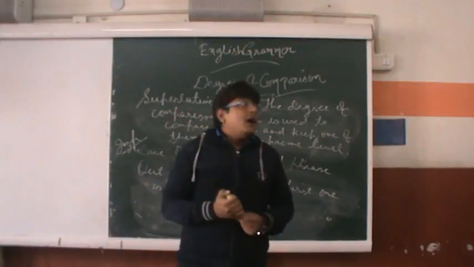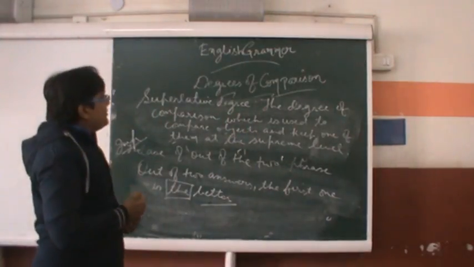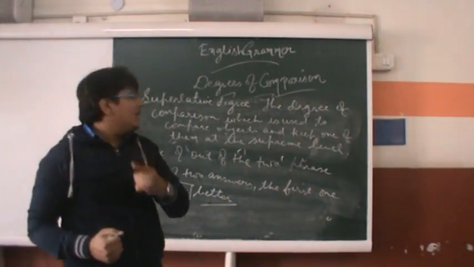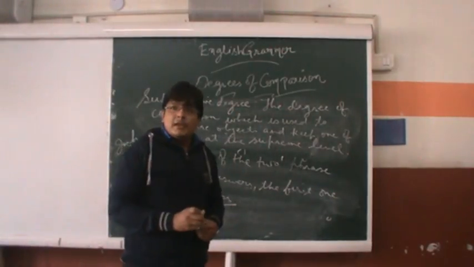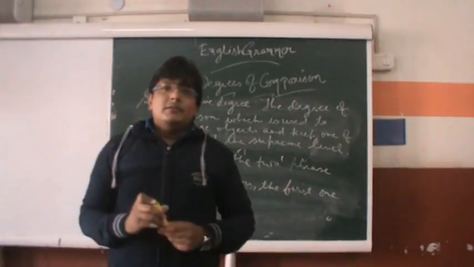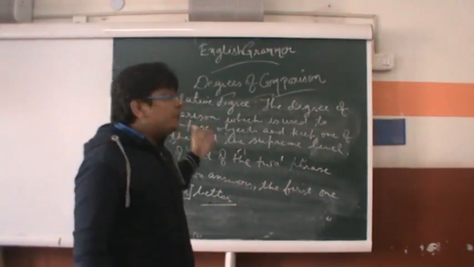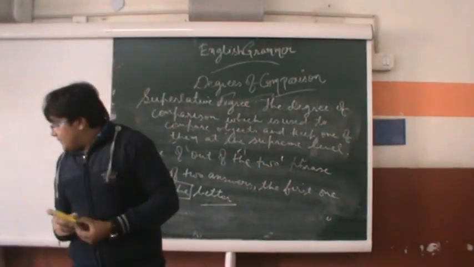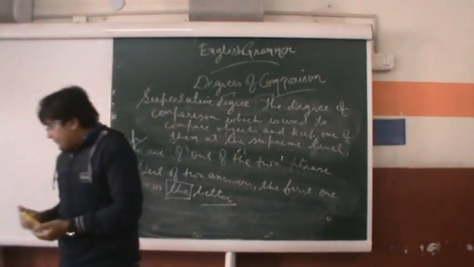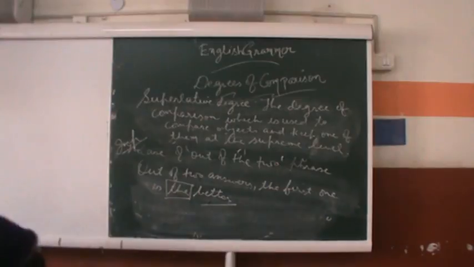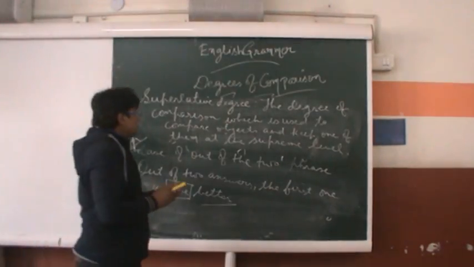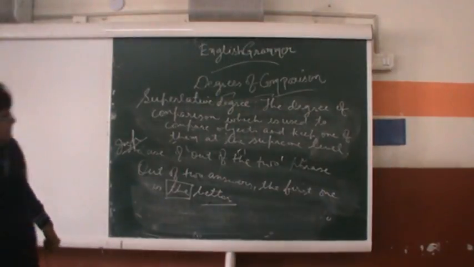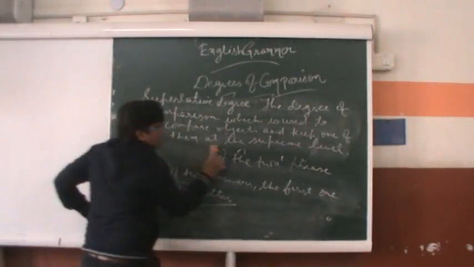See, the degree of comparison which is used to compare objects and keep one of them, only one of them, at the supreme level. So now that one will be the supermost described. For example, let me give you an illustrative example for this. I hope you have noted that down.